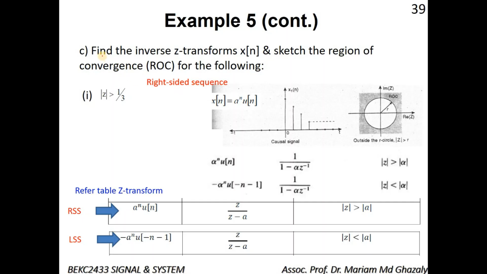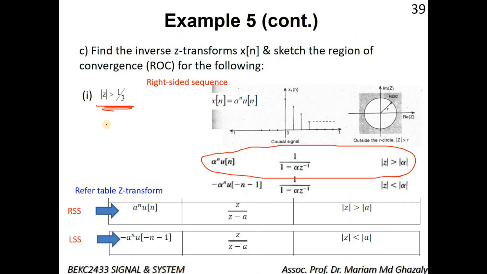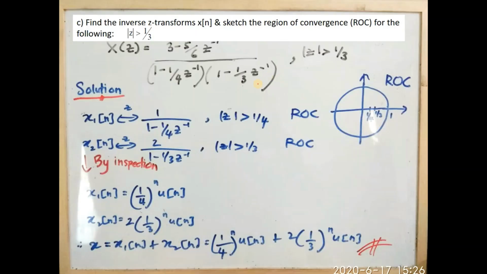Okay, for part C. So part C is to find the inverse z transform x[n] and sketch the region of convergence for the following. So for the first one, you have |z| more than 1 over 3. So |z| more than 1 over 3, meaning that you are looking at this equation, right? You're looking at X1(z) and X2(z) just now.